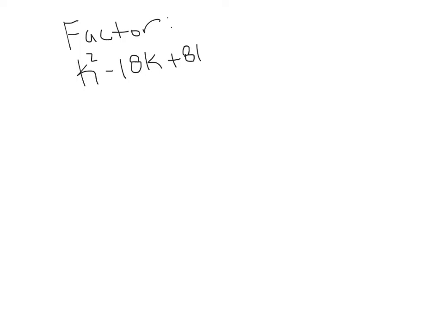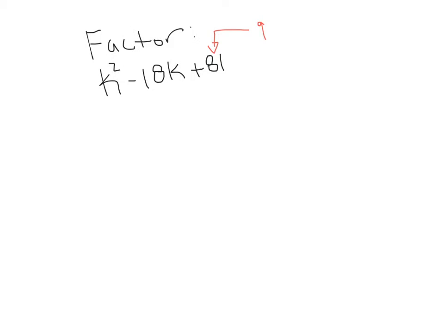We have factor k squared minus 18k plus 81. I'm going to show you sort of the shortcut way. We want to notice that this is a perfect square. This is 9 squared.